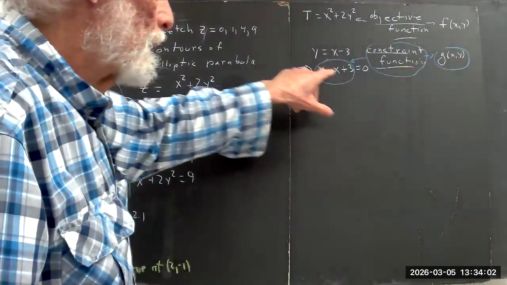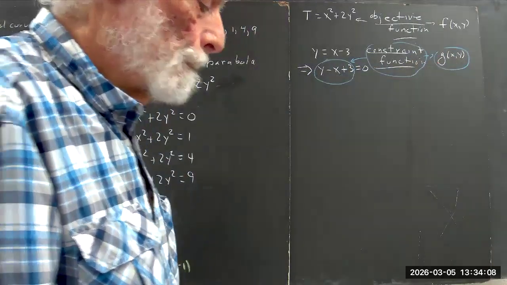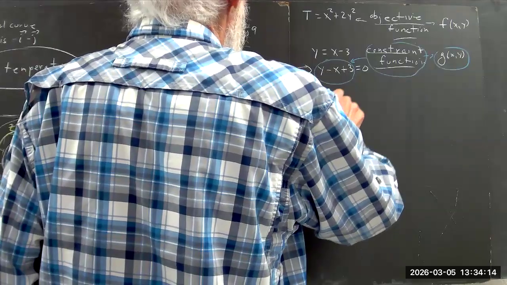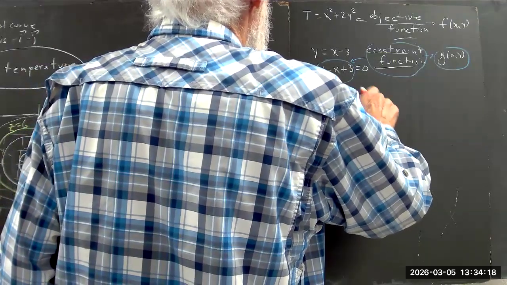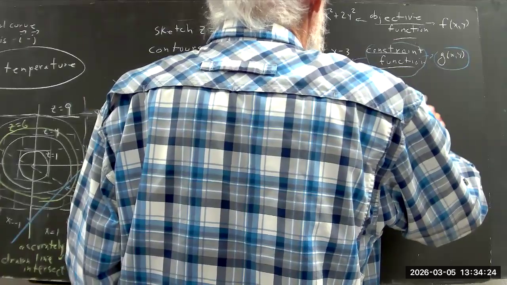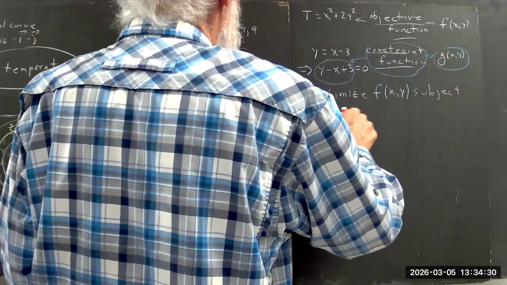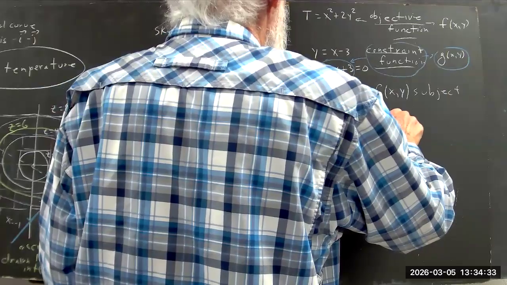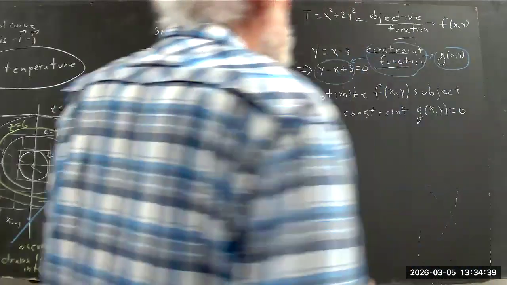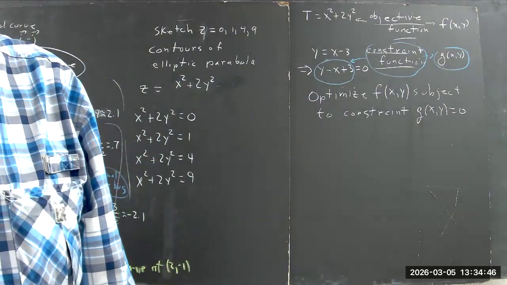The blue circle circles the constraint function, circles g of x, y. So there's our general procedure.